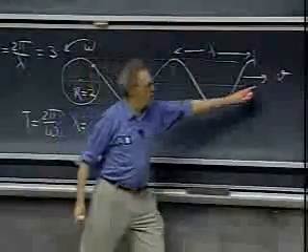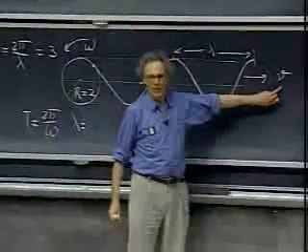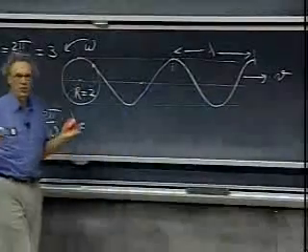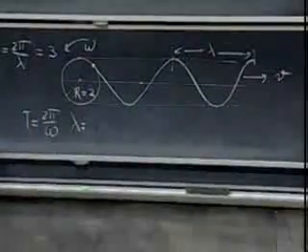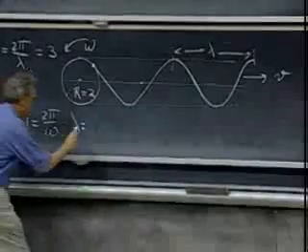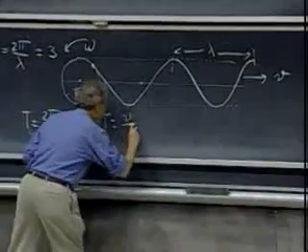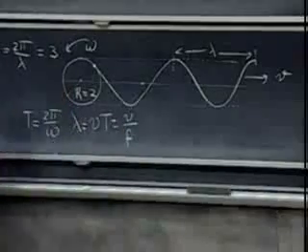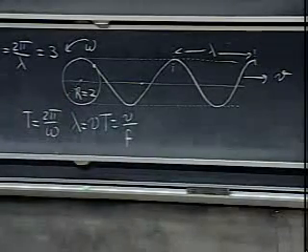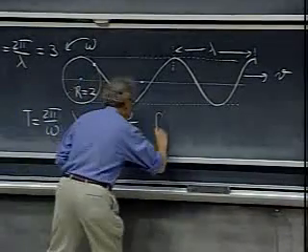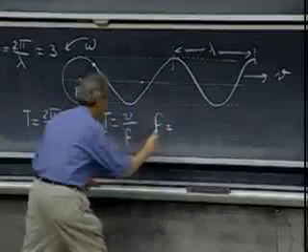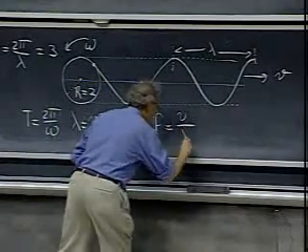Well, if you know the speed with which it is traveling, and you know it has been traveling capital T seconds, one oscillation, that's a distance lambda. So this is v times T. But this is also v divided by f, if f is the frequency in hertz. And so the frequency f is then also given by the speed divided by lambda.